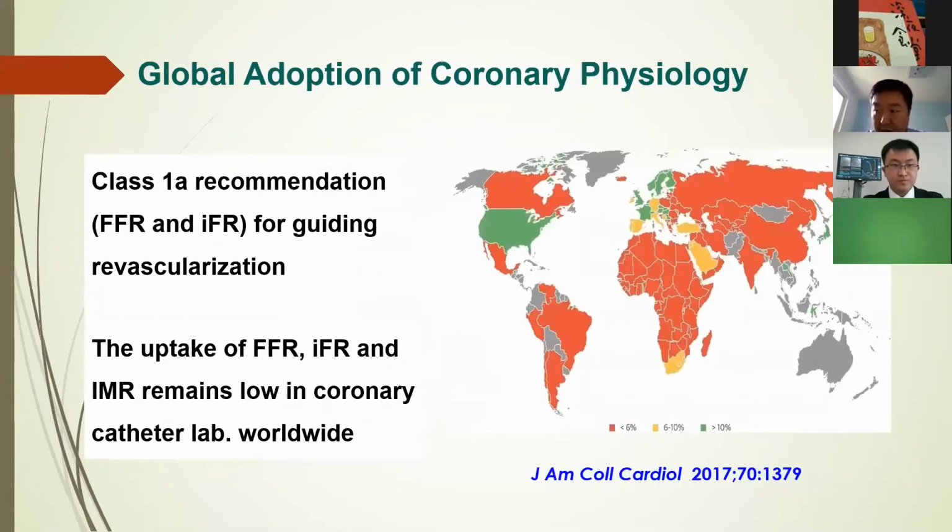Both FFR and IFR are class 1A recommendations for guiding revascularization. But in the world, the use of FFR and IFR is still low in the coronary cath lab. The IMR is even lower.